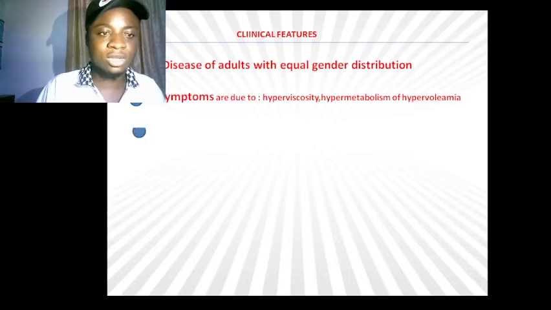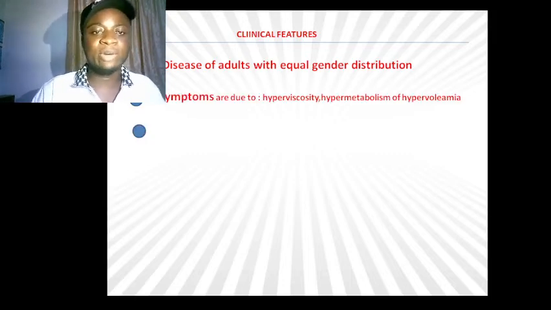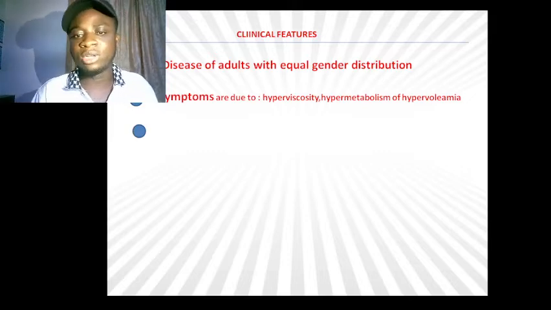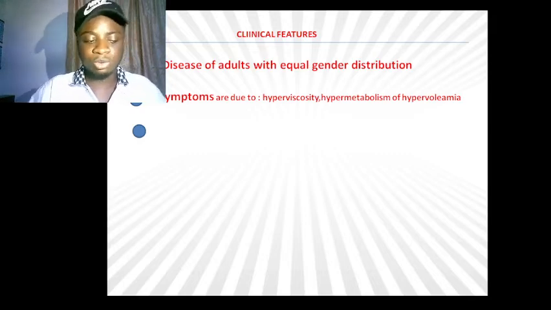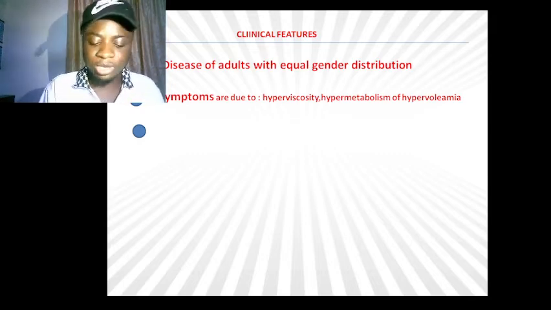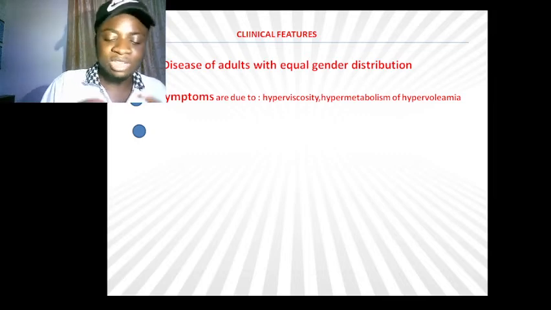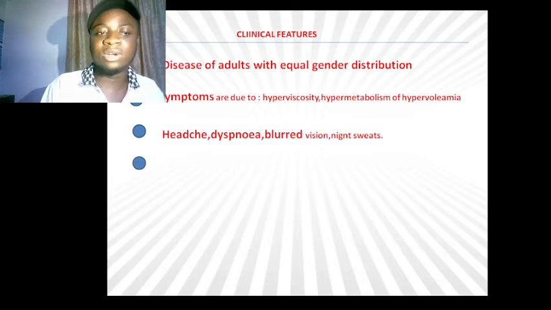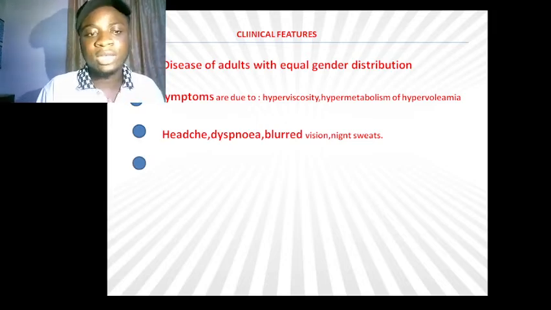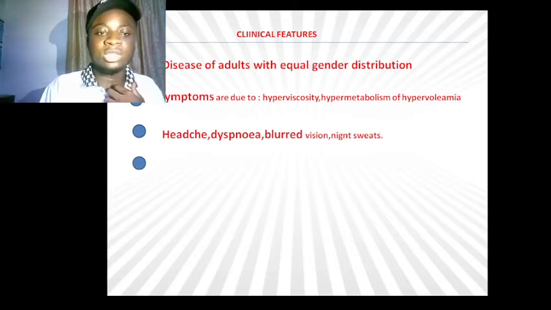Take note of that. So symptoms are due to hyperviscosity, hypermetabolism and hypervolemia. Hypermetabolism is because malignant cells are predominating the bone marrow, so metabolism also increases. So these patients normally come with headache, blurred vision, night sweat, and dyspnea. Very important.